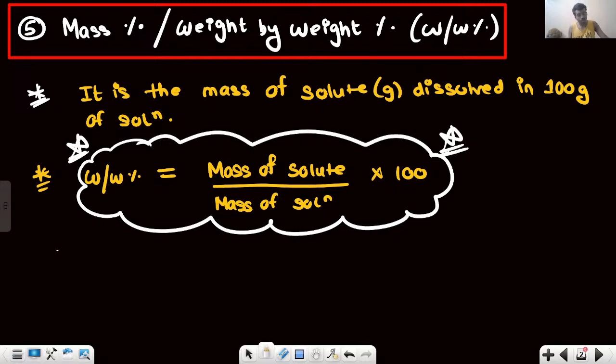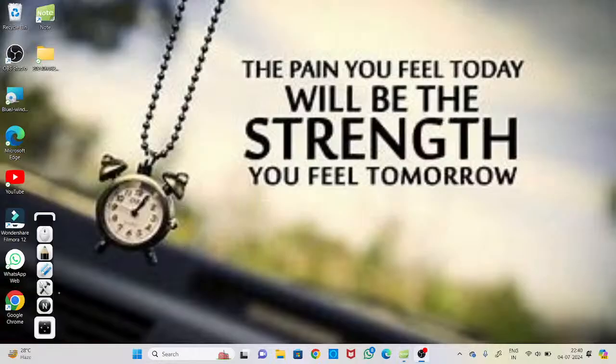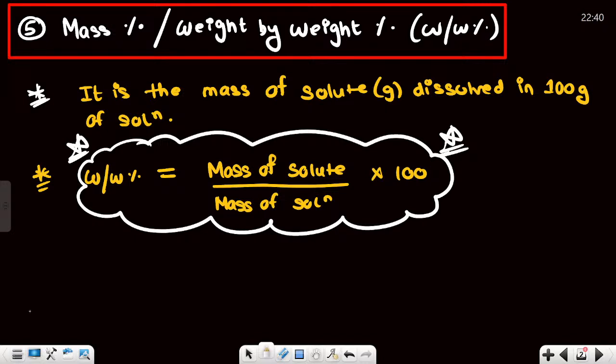This much only you have to know from here. Clear with this? This much only you have to remember. Nothing difficult from here.